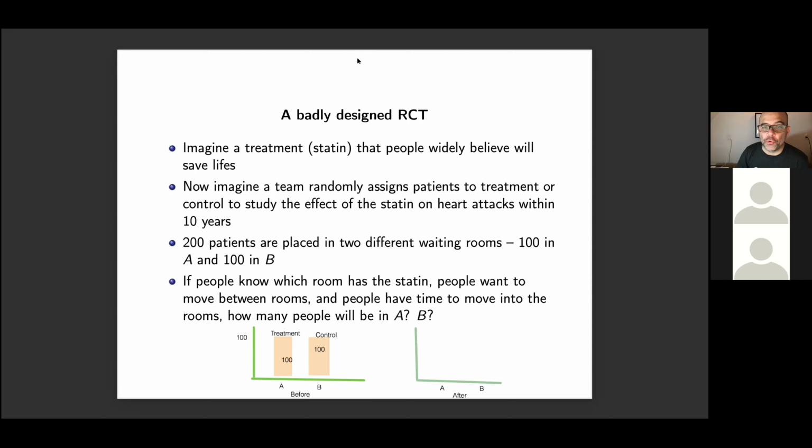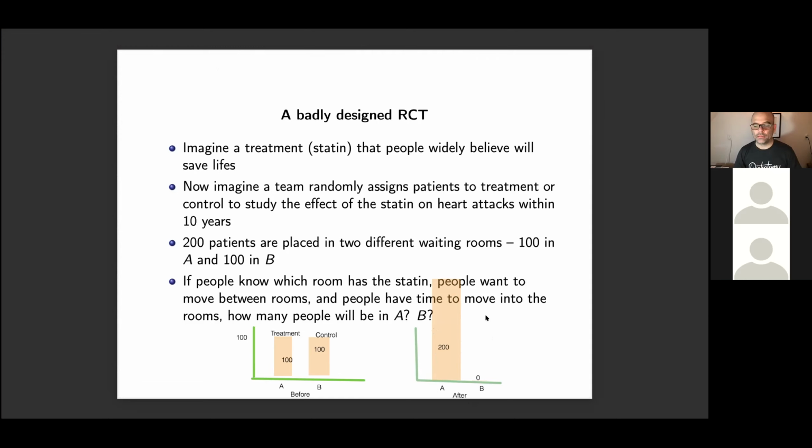Yeah, move, go to room A. So it would look like this, right?